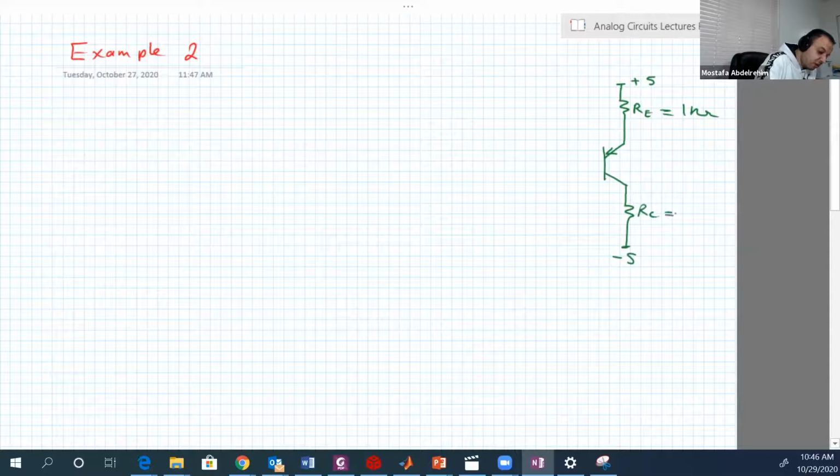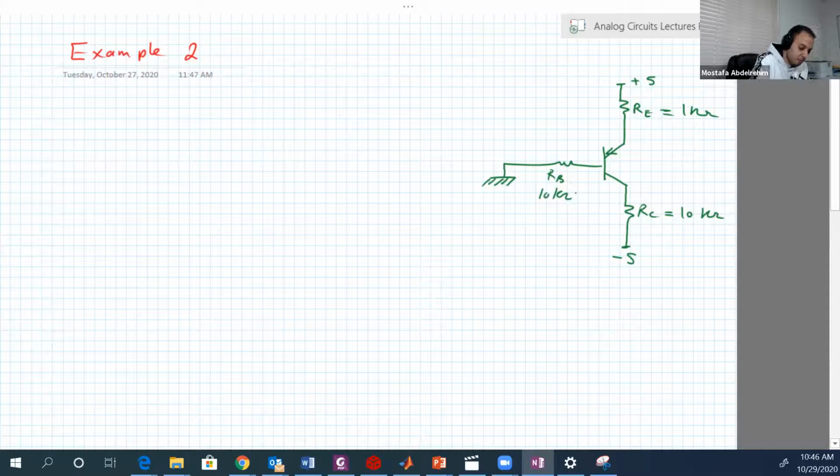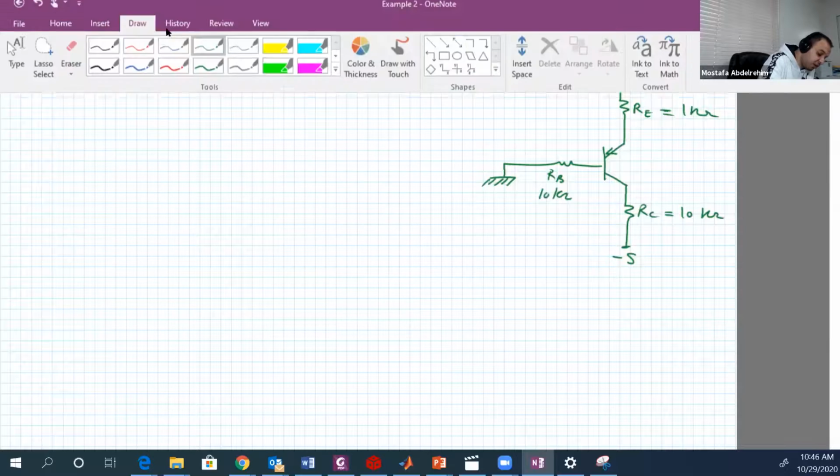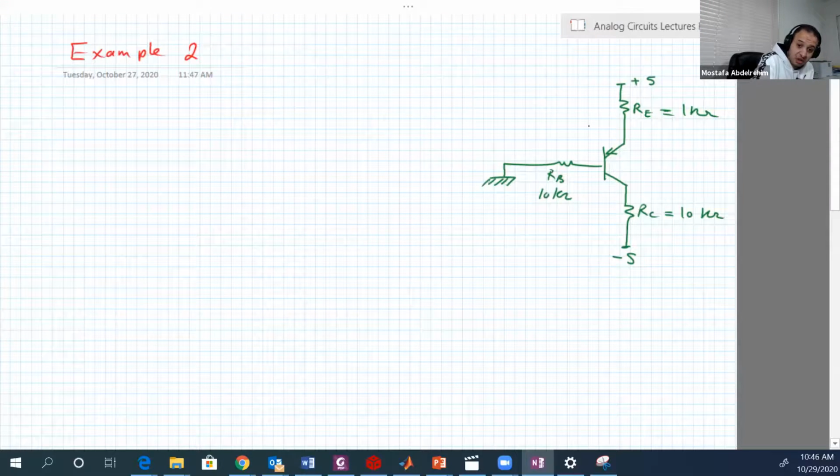Here is RC equal to 10 kilo ohm. And we connect a resistor to the base, so a little bit harder, RB equal to 10 kilo ohms. Before anything, locate the positive directions of the currents. IE is going into the emitter, IB is going out of the base, and IC is also out of the base.